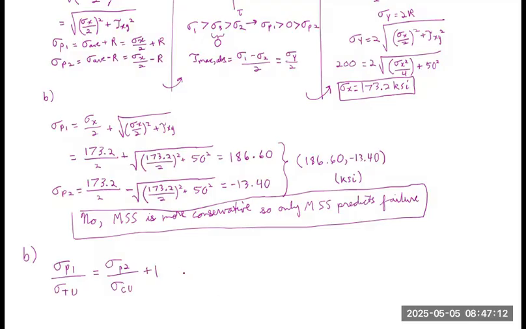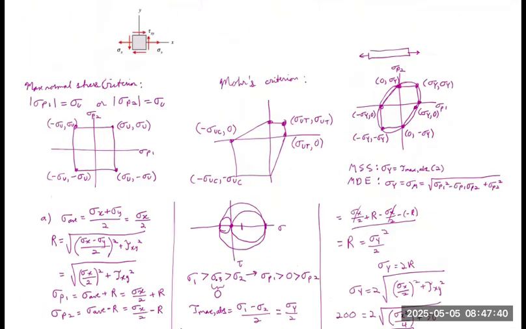And here again, we want to determine the maximum value of sigma x. So we can't use our value of sigma x over here, we're actually solving for it. We're going to have to go back to our relations for sigma P1 related to sigma x and R. So it's going to be sigma x over 2 plus R over sigma TU, which we can plug in right now.